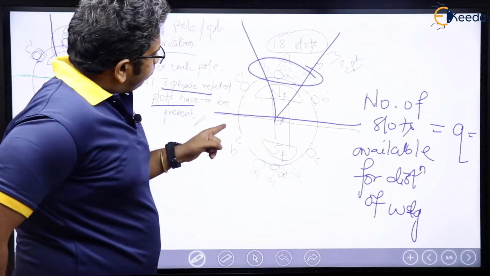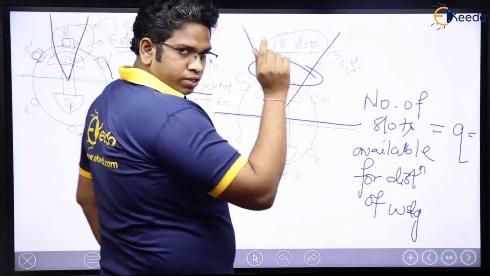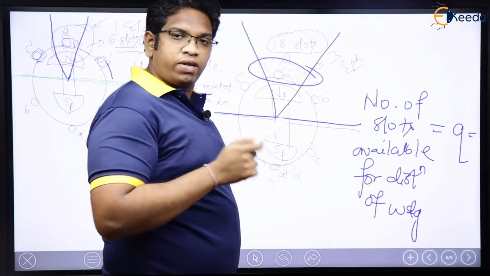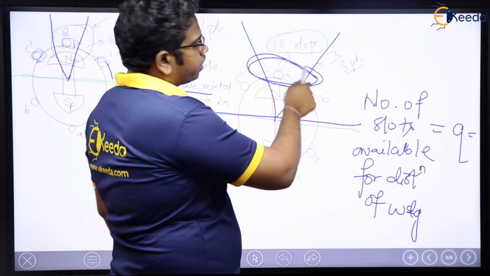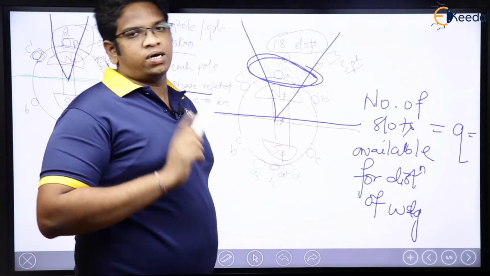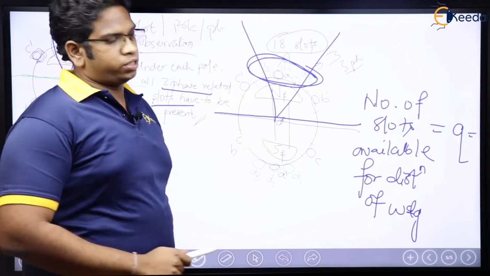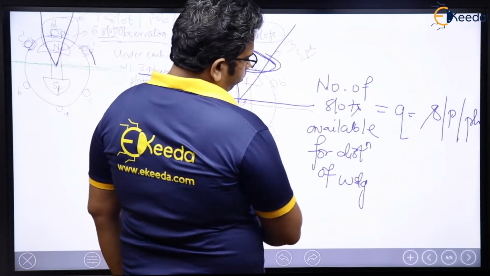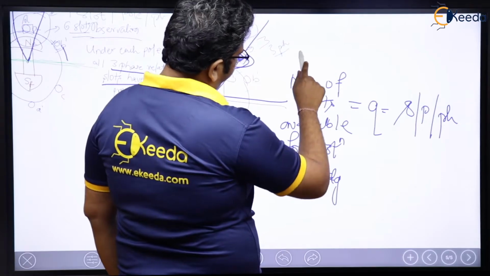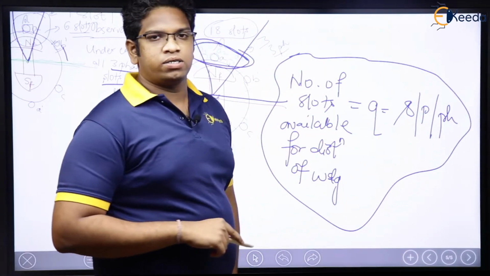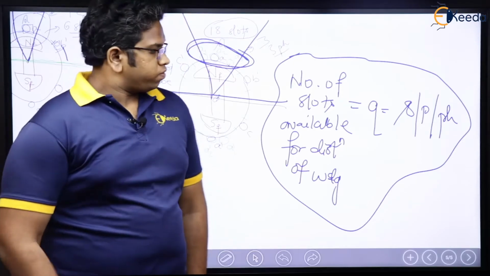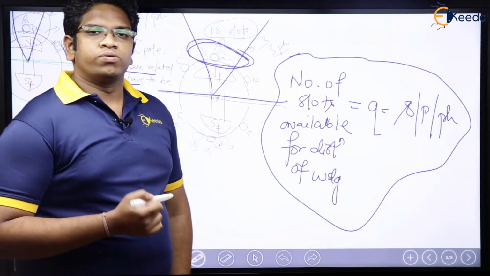So if we see that slots per pole per phase will actually give me how many slots are dedicated for one phase under one pole for distribution. That is what is there. So number of slots available for distribution of winding is going to be Q is equal to slots per pole per phase. Yes, so now let us move on to analysis.